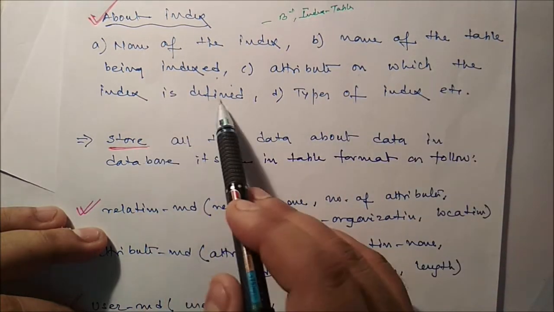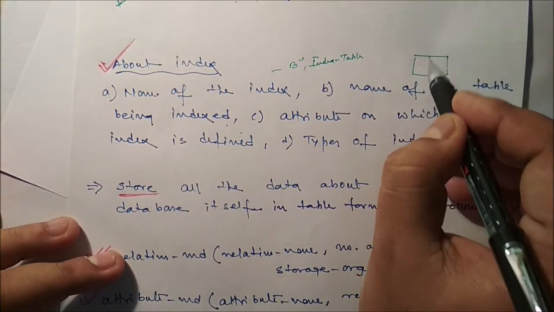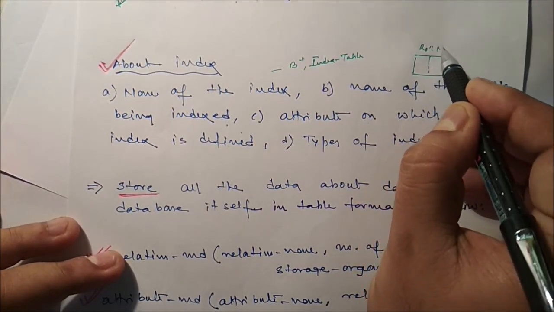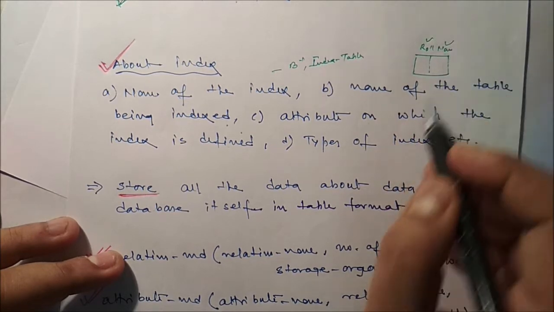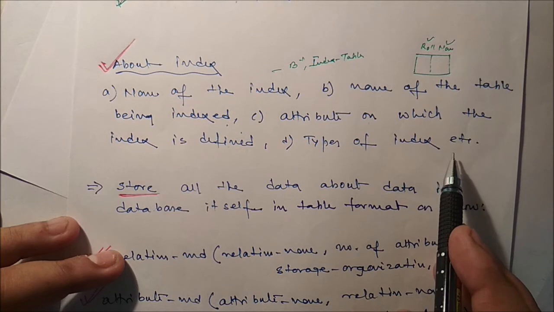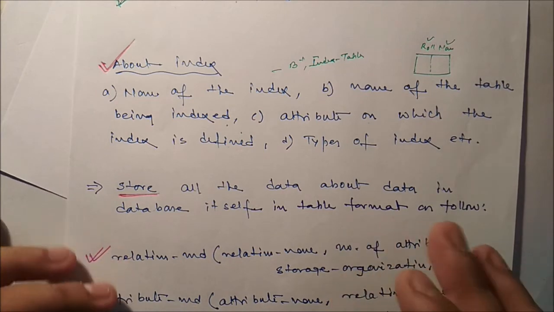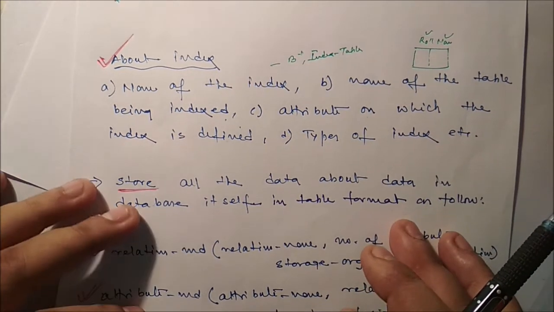We also store the attribute on which the index is defined. Suppose there are two attributes, roll number and name; the information on whether the index is on roll number or name is stored, as well as whether it is a dense index or a sparse index, and so on.